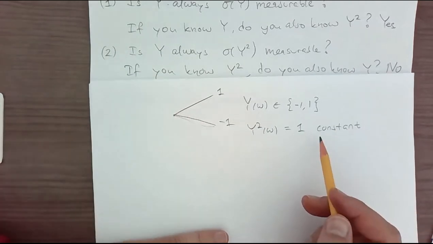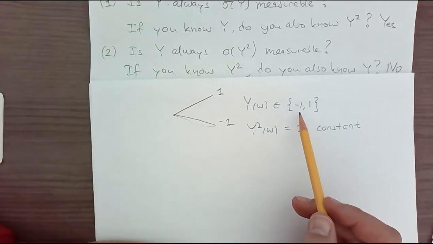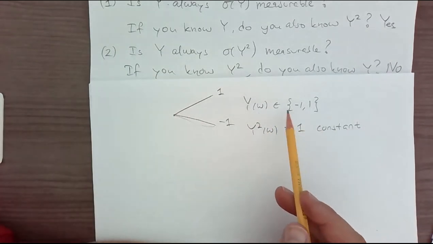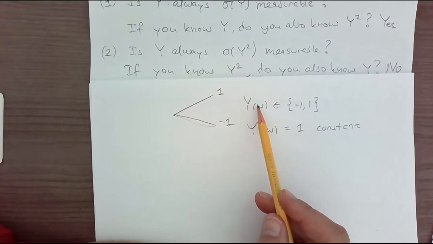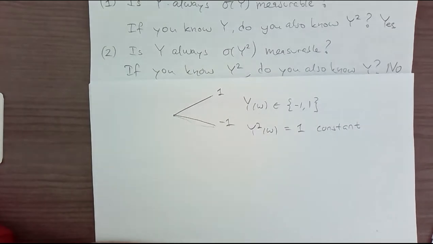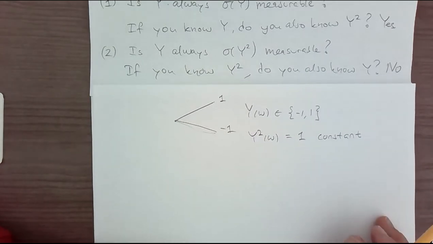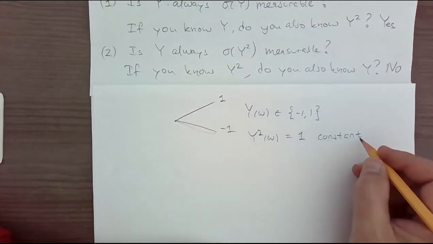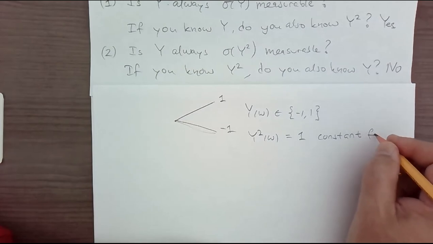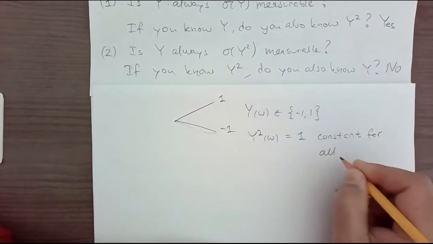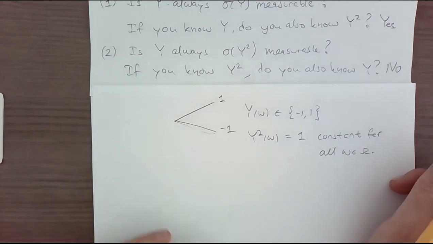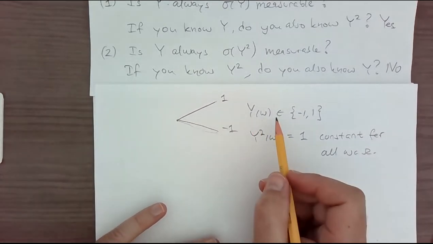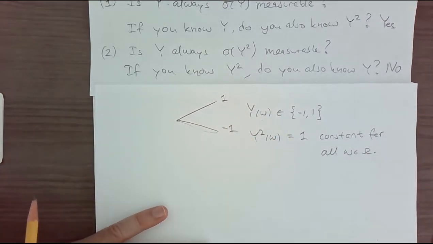It's just a constant. So I will not be able to tell at all what values y would have had, just because I know that y squared is constant for all values of omega. Whereas y is not, right? Y could be 1, could be -1.